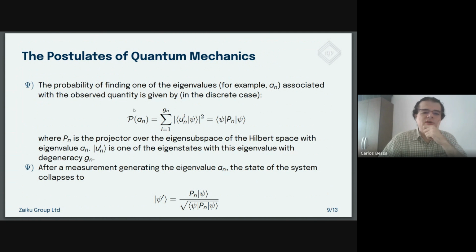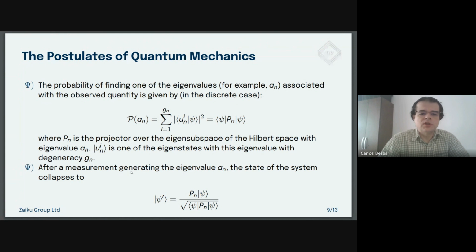This P here is the probability, and it is given by this expression, where this Pn here is the projector onto the eigensubspace of the Hilbert space with eigenvalue An. And this un here is one of the eigenstates with eigenvalue An, with degeneracy. gn is the degree of degeneracy of the system. Okay, so this is the probability given this way.